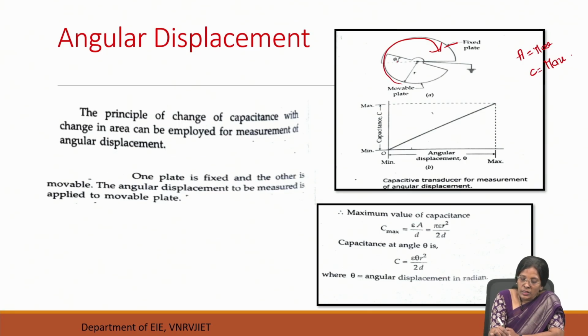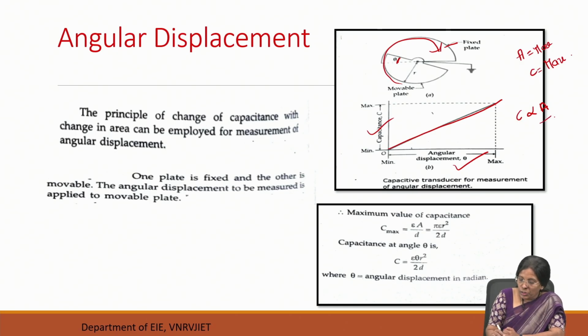Now it is called theta, that is angular displacement. How much it is overlapped here is linearly proportional. If you see the relation between the angular displacement theta and the capacitance, it is a linear relationship, because C is proportional to the overlapping area.